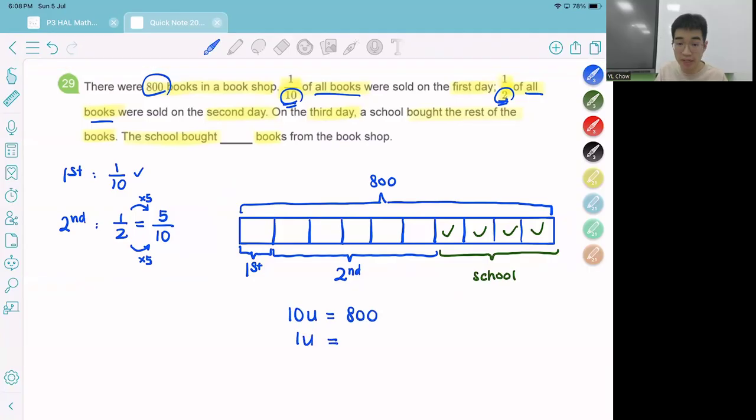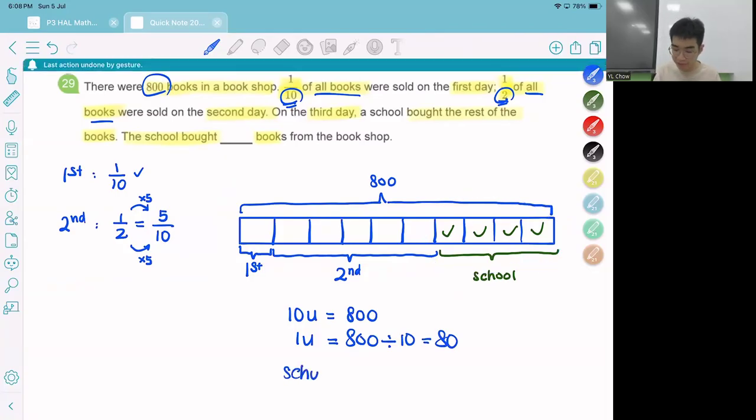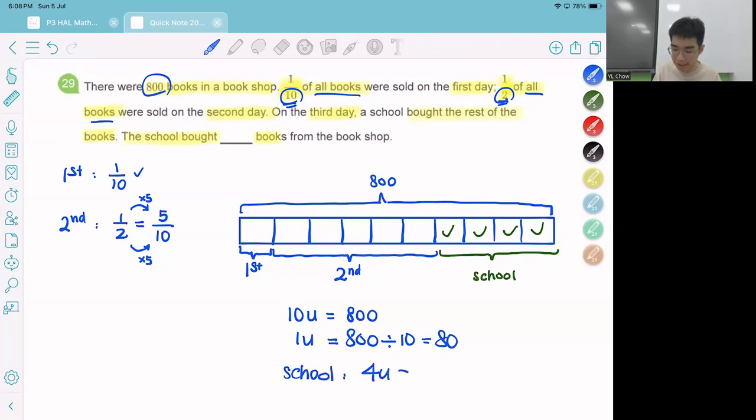So with that, 1 unit is equal to 800 divided by 10, which will give 80 books. 1 unit is 80. The school bought 4 units. So the school bought 4 units, equals 4 times 80, equals 320 books. And that's how you get the answer for question 29. Express everything in a bar model.